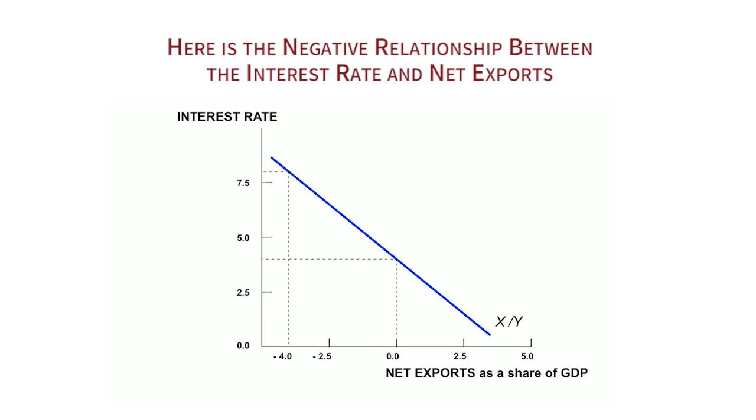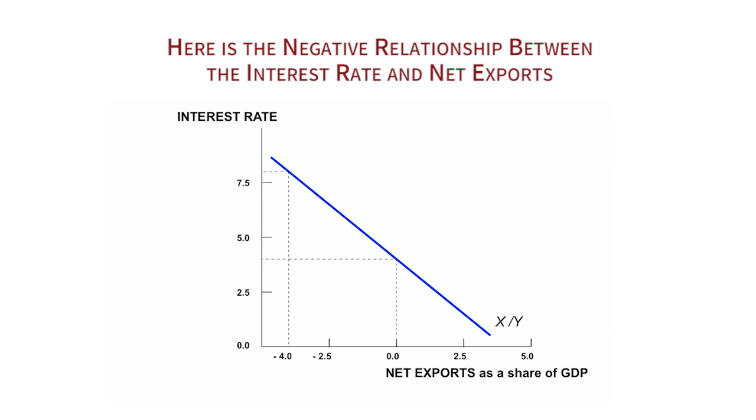Now we can also do a picture of this one, and the graph looks the same as with investment and consumption. On the vertical axis, the interest rate as usual. On the horizontal axis is net exports. If you look at the scale of the horizontal axis, you'll note that there's a 0 in there because it's possible for net exports to be negative, as a share of GDP, of course.